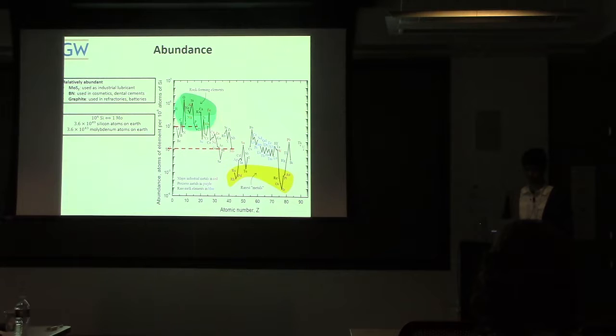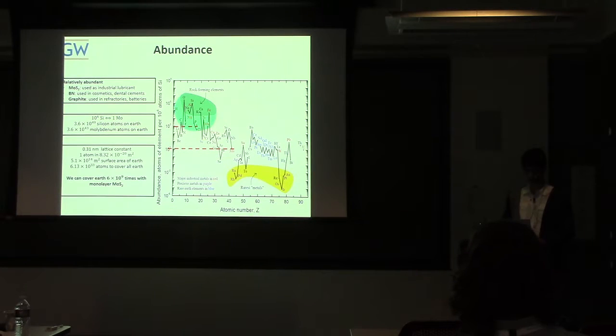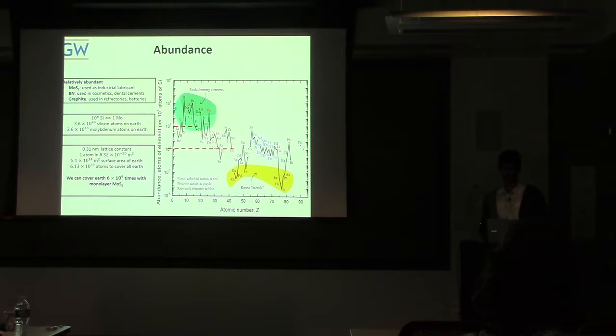We know the number of silicon atoms in the Earth's crust, so we calculate how many molybdenum atoms there are. Knowing the lattice structure of molybdenum sulfide, I've calculated that you can cover the Earth over a billion times with monolayer molybdenum sulfide. So we do have enough of the materials if you want to, for instance, use them in solar cell applications.